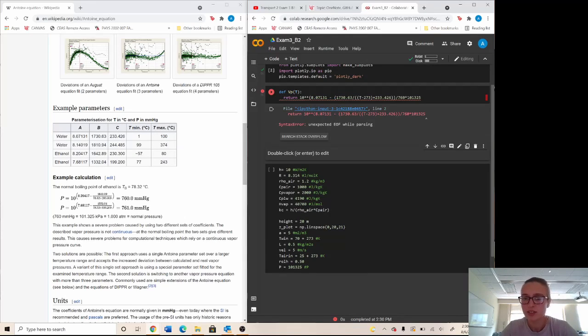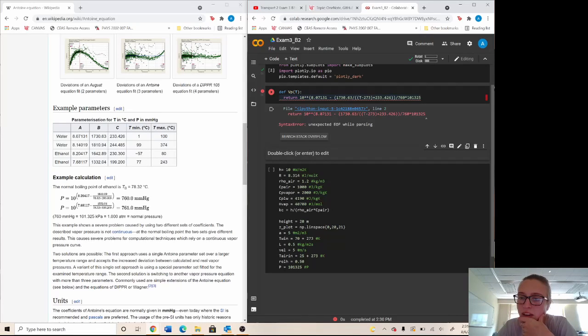Okay, so there's a syntax error. So it looks like there's a parenthesis error. So we have 10 to the parenthesis here. I think it's this parenthesis. Let's try that again. Maybe not. Okay, so we have 10 to the power of this parenthesis matches this parenthesis.